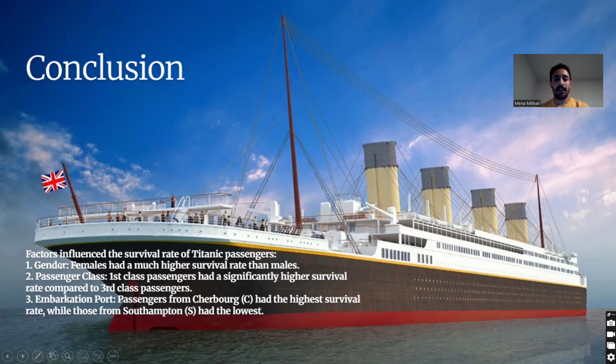The factors that I found that influenced survival were gender, where females had a much higher survival rate than males, and passenger class, where first class passengers had a significantly higher survival rate compared to third class passengers. And lastly, embarkation port. Passengers from Cherbourg had the highest survival rate, while those from Southampton had the lowest.